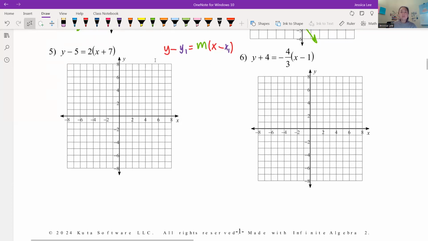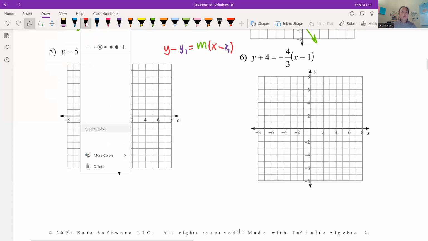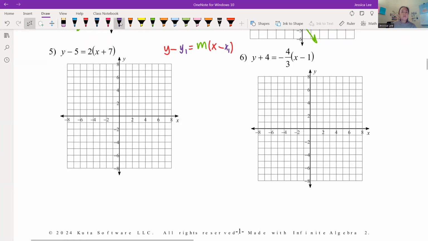Why is it trying to sync right now? I don't know. Let's see here. All right, sorry about that. We should be better now.